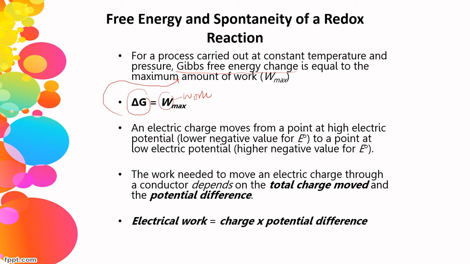An electric charge will normally move from a point of high electric potential energy to a point of low electric potential energy. The work needed to move an electric charge through a conductor depends on the total charge moved and also the potential difference. In other words, electrical work equals charge times the potential difference.